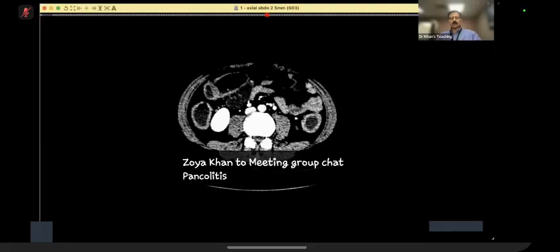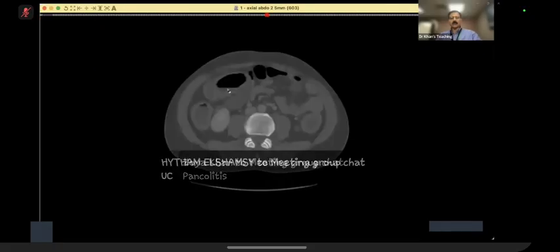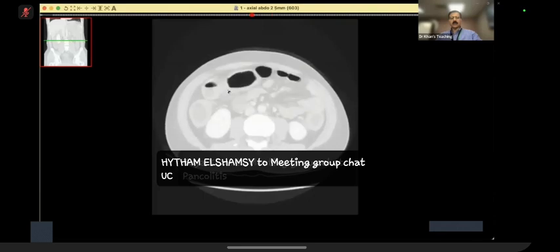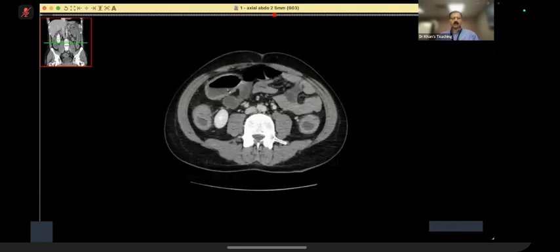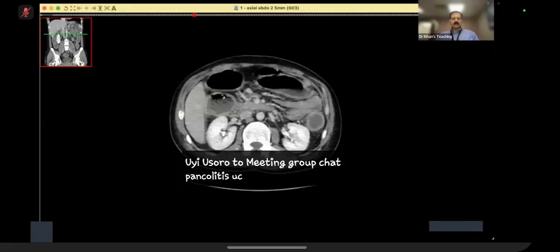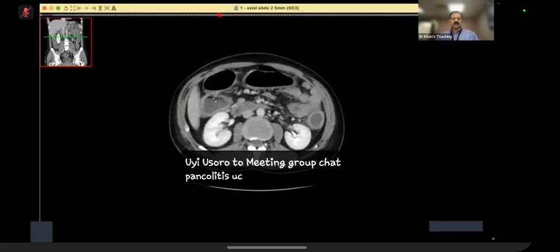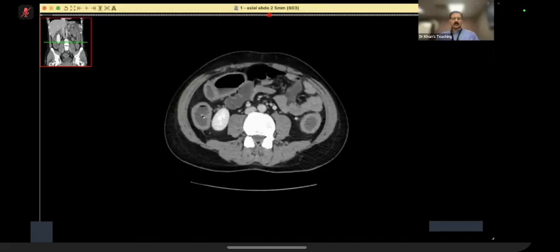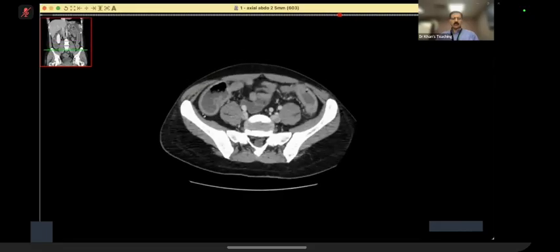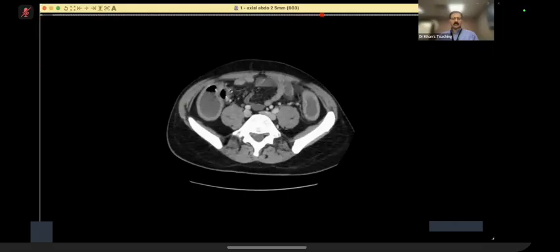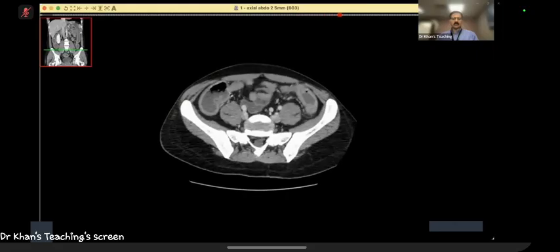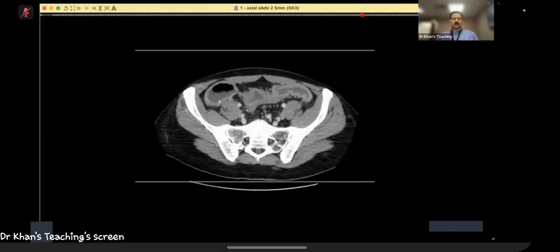You can also look at lung window or bone window, whenever you have a doubt for a loop of bowel, if there is gas in the lumen or outside the lumen. This is the descending colon. And the candidate did well when asking about the ileocecal junction. So this was the ileocecal junction, which looks normal.